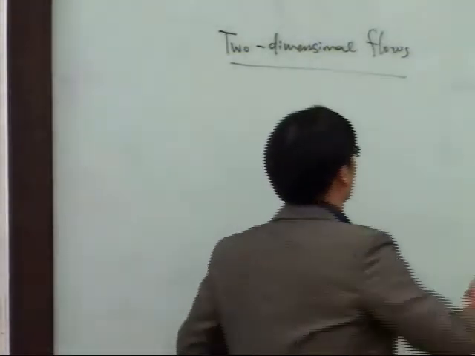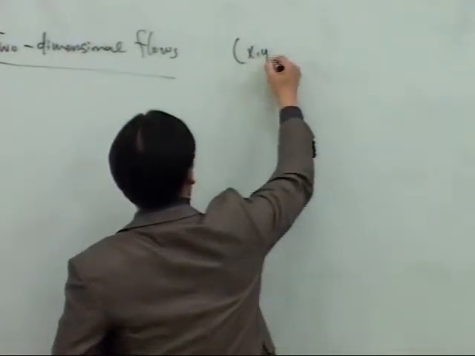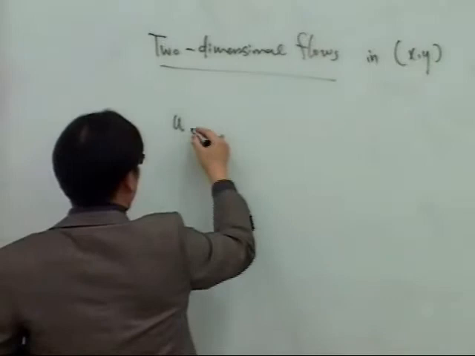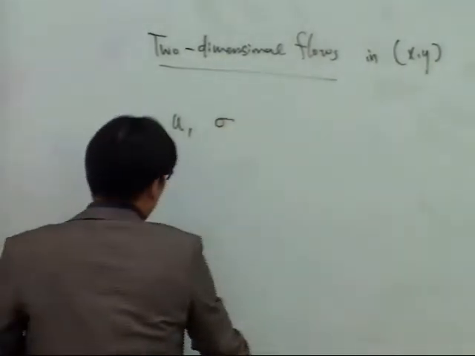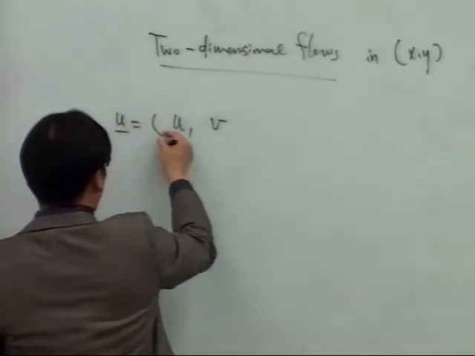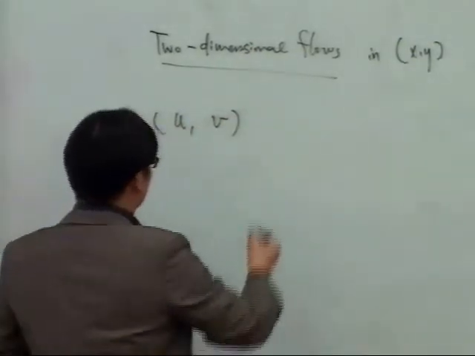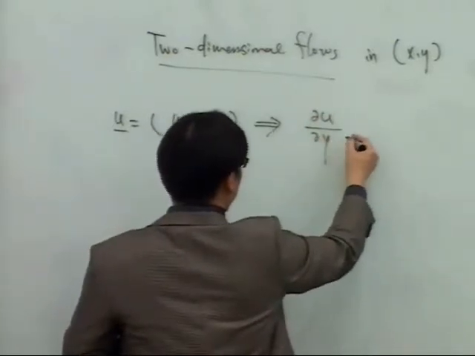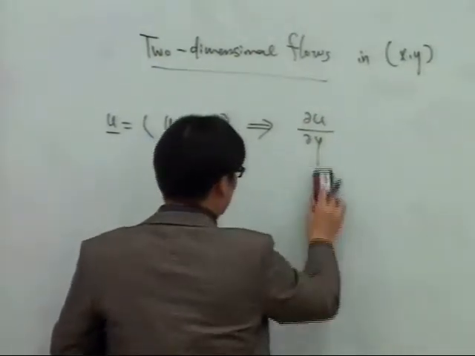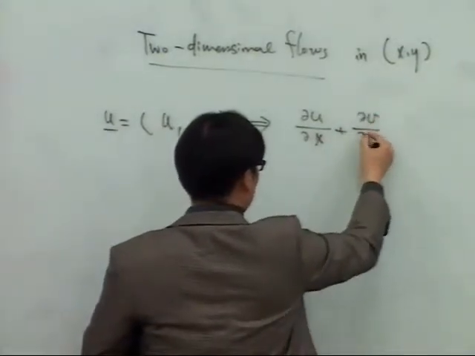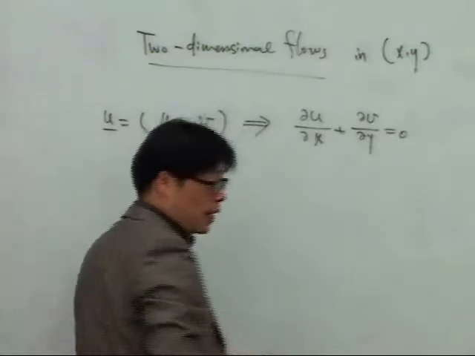In this case, for example, flow in x and y, and then we have u and v. Those are the two velocity components. So the velocity vector for two-dimensional flow is this. And then this velocity vector has to satisfy the continuity equation, which is the most important equation for us because it's conservation of mass.